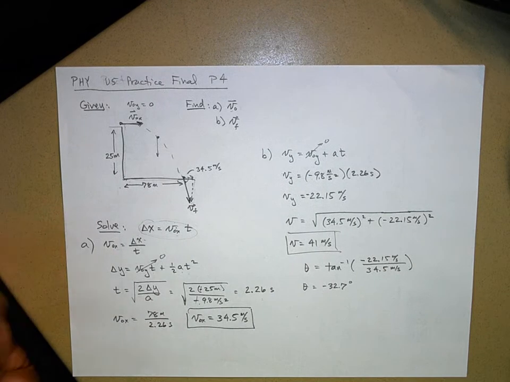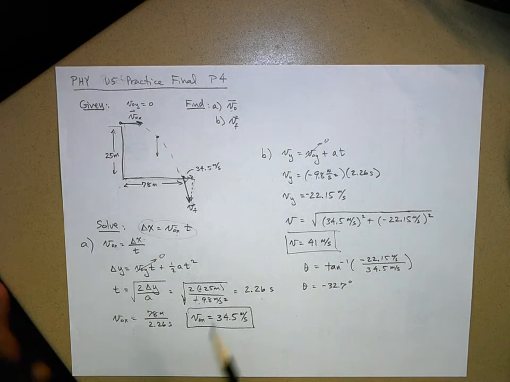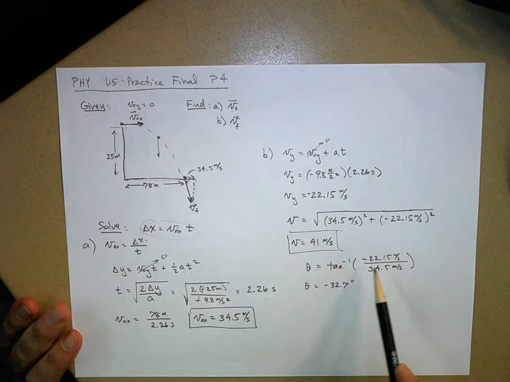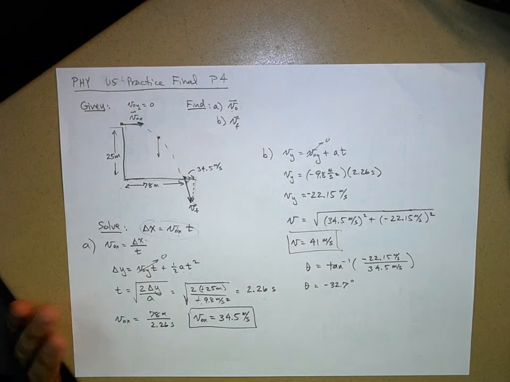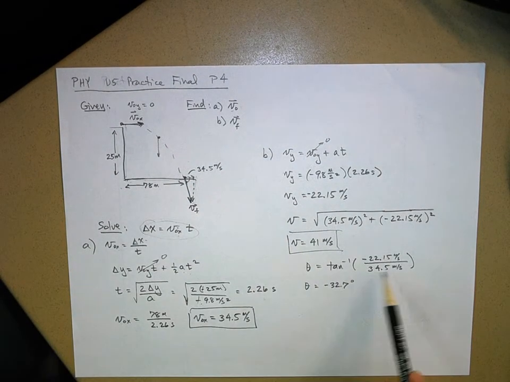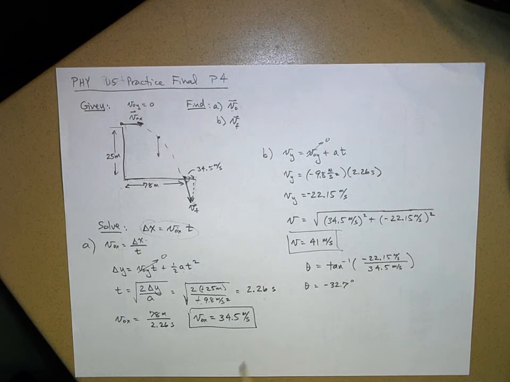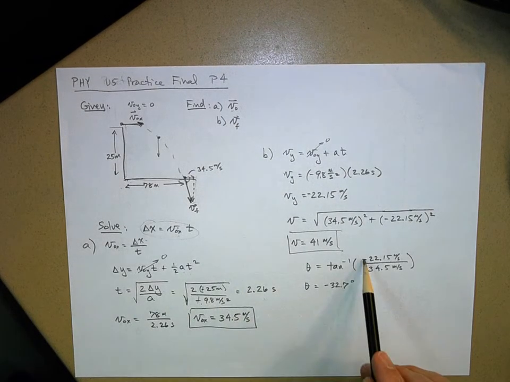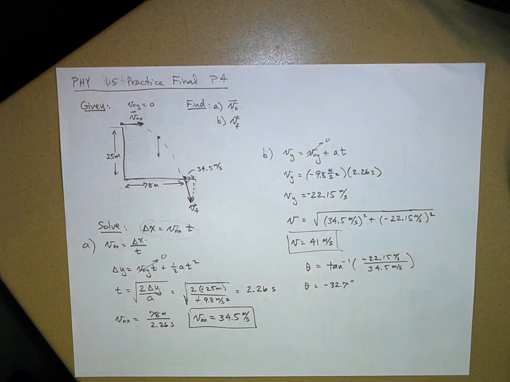Then I ask myself, do I need to add 180 degrees to that? No, because the x component is positive. If the x component is positive, you don't need to add 180 degrees. And this is negative, it's below the horizontal. That just means you rotate clockwise from the positive x direction.